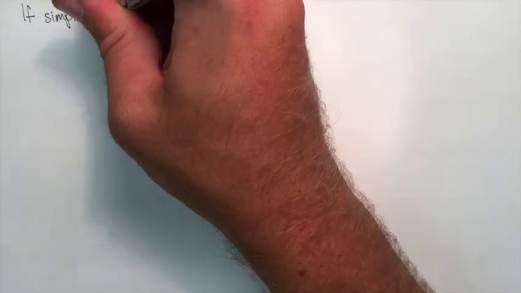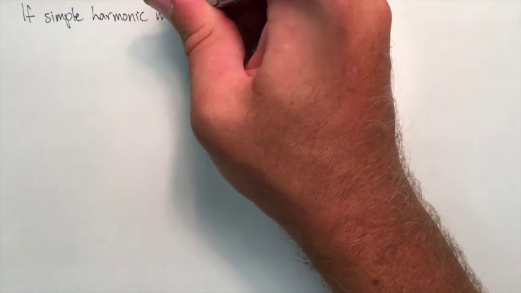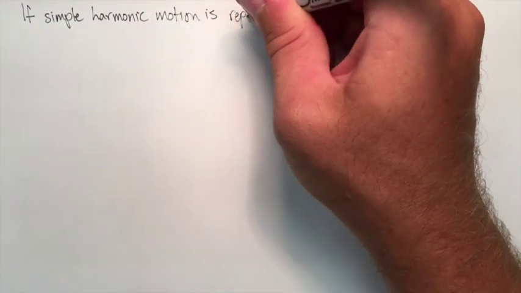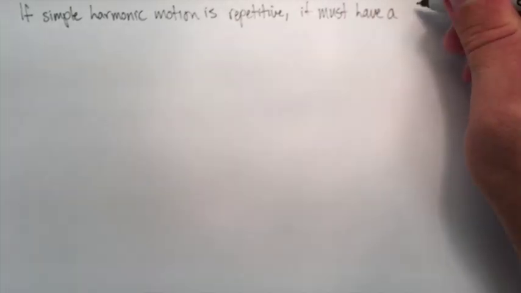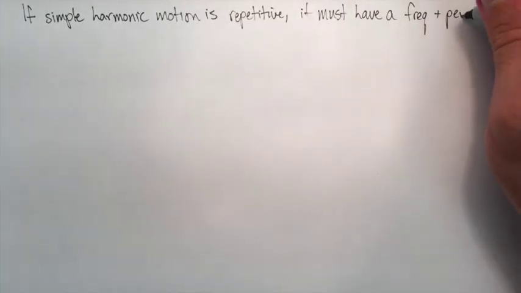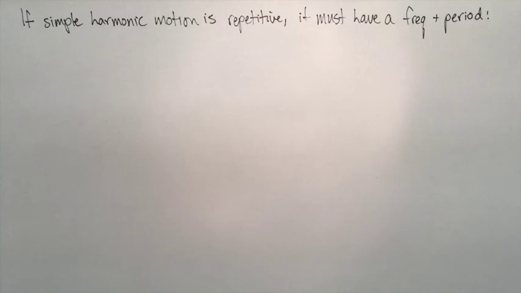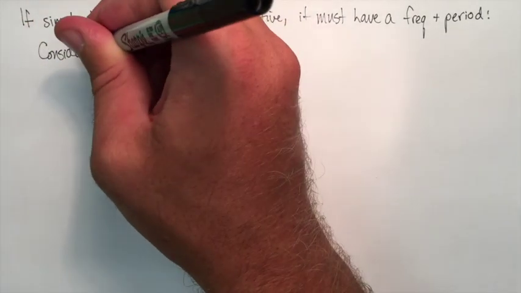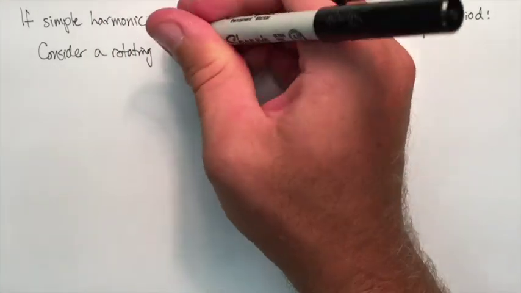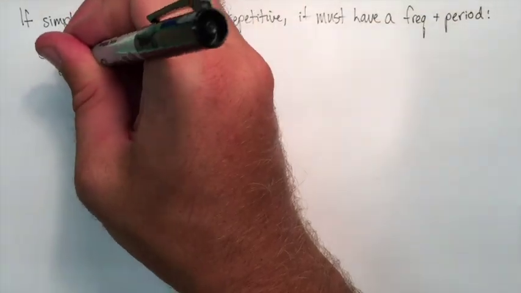Now, if we're looking at harmonic motion, something that repeats itself, that means we're going to be able to calculate a frequency or a period of the system. Remember, frequency is how many cycles we can get in a second, versus the period is the time taken to do one of those cycles.